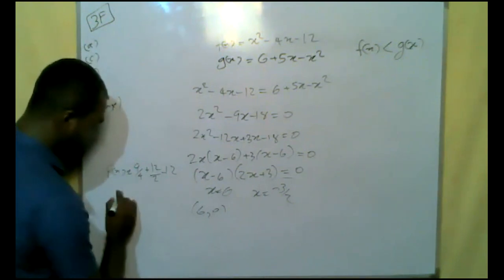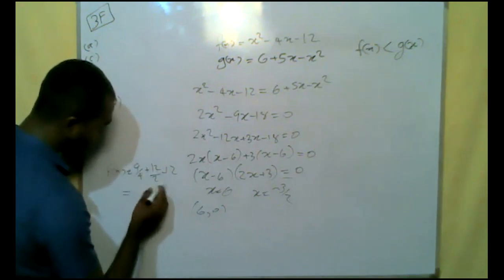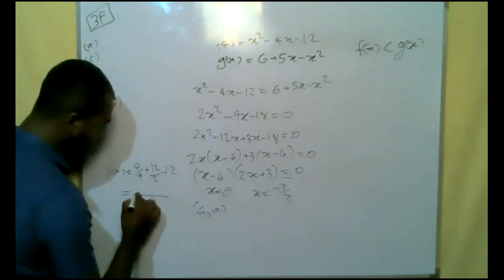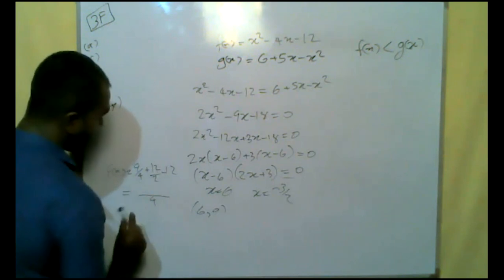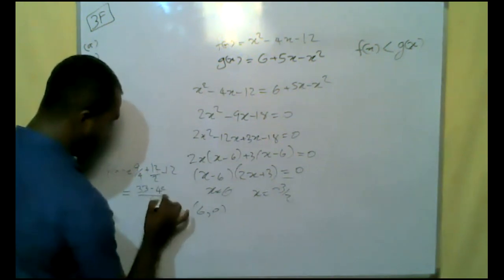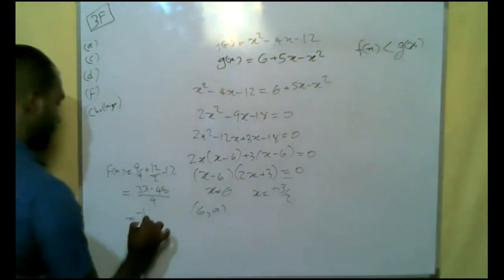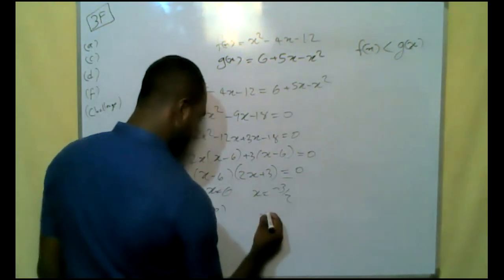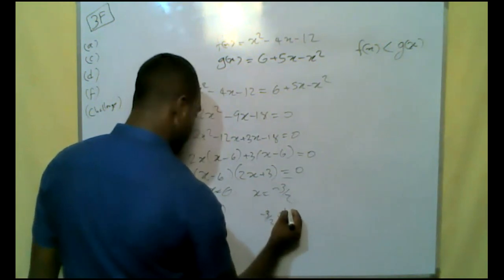If we take a common denominator, we have 4, 24 plus 9, 33 minus 48. So it's going to be minus 15 over 4. So the point is minus 3 over 2, comma, minus 15 over 4.